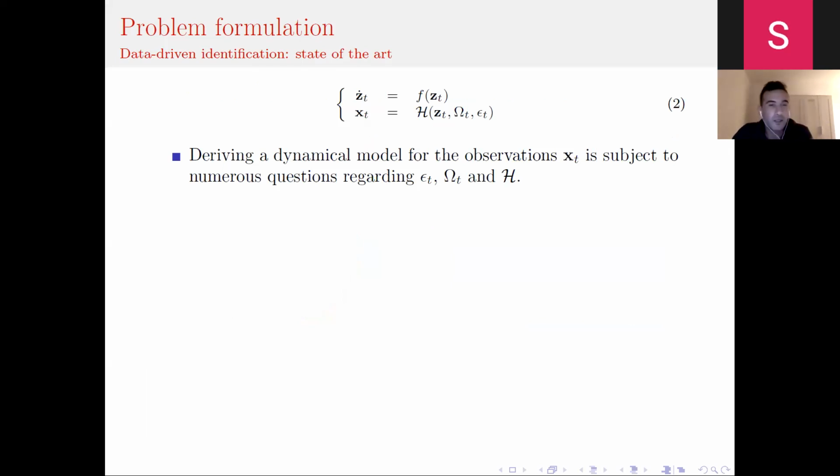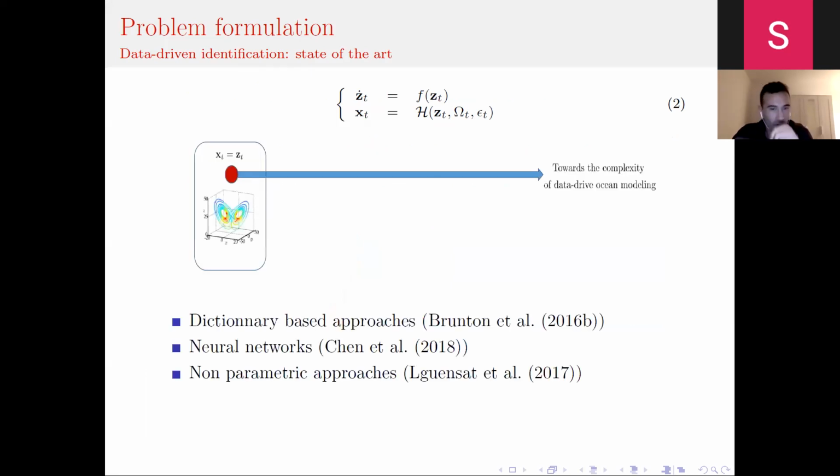Now, obviously, this question is linked to several considerations regarding the provided observations, and especially regarding the noise, the sampling operator, and the observation model H. When provided with observations that are the full state Z, several state-of-the-art techniques can be used to reverse engineer the governing equation from a sequence of observations.